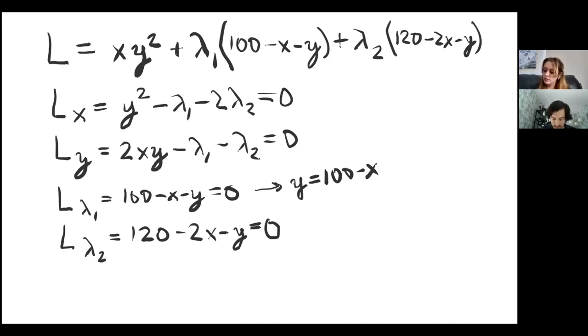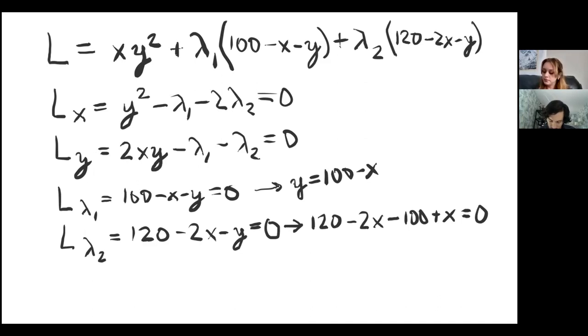And we're going to plug that into this bottom one to say 120 minus 2x minus (100 minus x), which is actually minus 100 plus x, because minus a negative x is the same as plus x, equals 0. Agreed? All I've done is substitute y into that last first order condition.